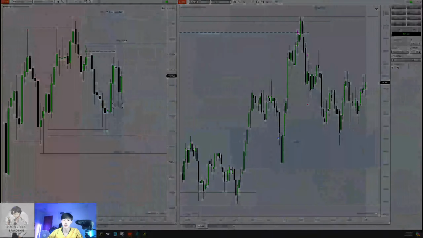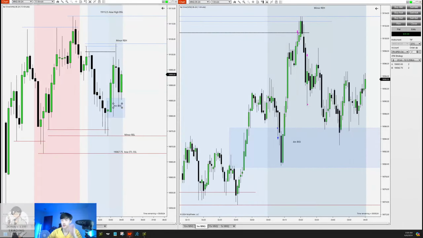Let me make sure I block out some of my account information. We gotta block out a whole bunch of them because there's 11 of them, so bear with me here. I'll give you an update on where each performance account is at. Some are in drawdown, some are making their way out of drawdown. Some are not.